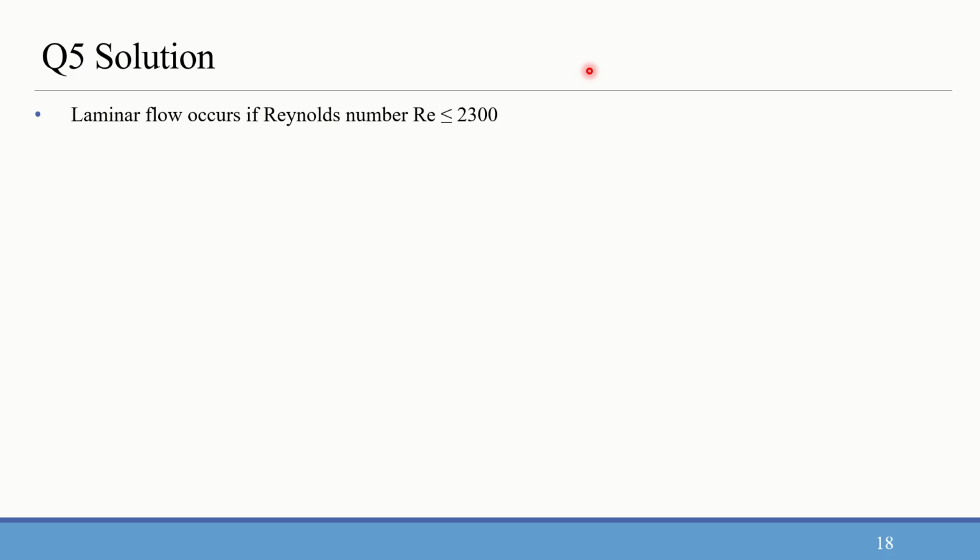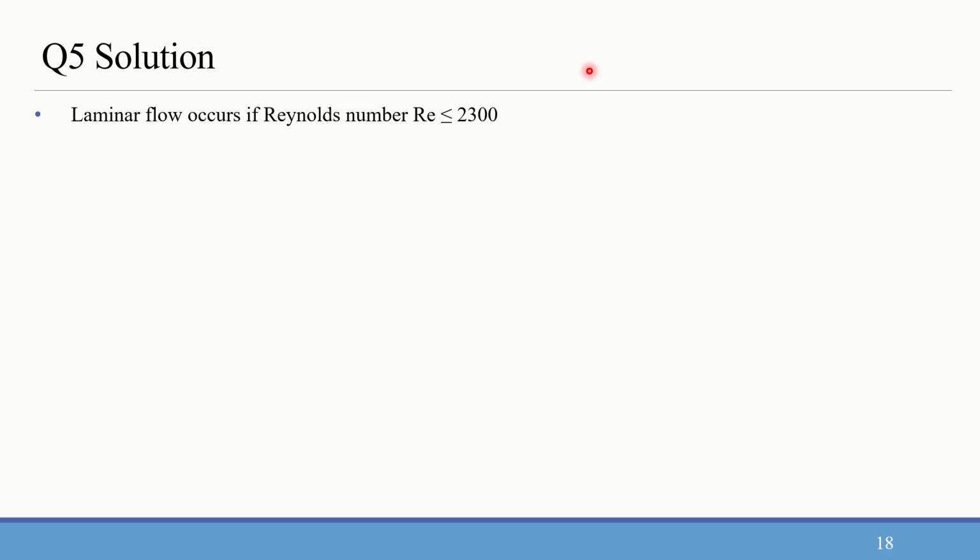So laminar flow occurs if Reynolds number is less than or equal to 2300. What is Reynolds number? Reynolds number is equal to rho v d by mu. We know mu, and v we can calculate, and d is also known.